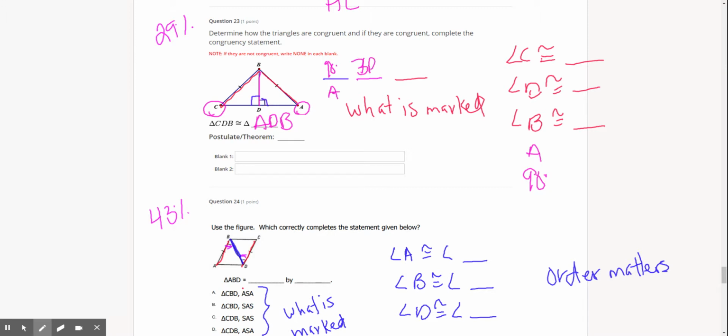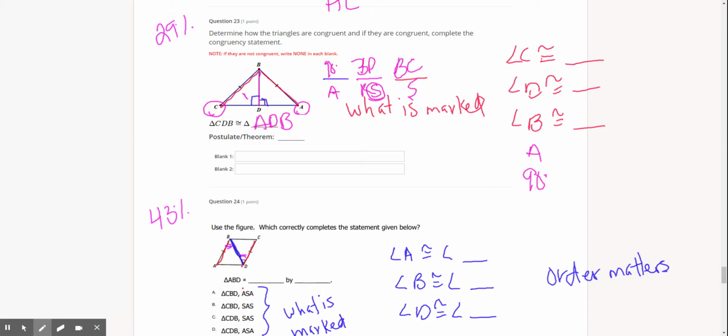So BD is a reflexive side, right? And then BC is another side. Is angle side a thing? No, it is not. However, this is a right triangle.